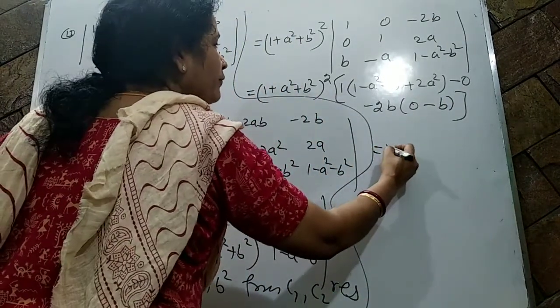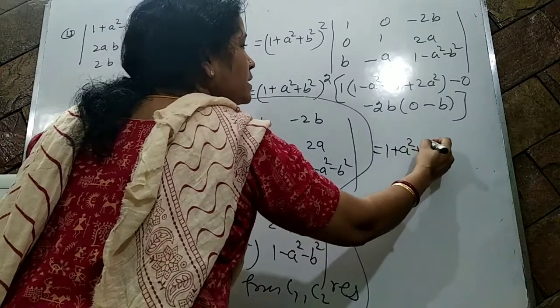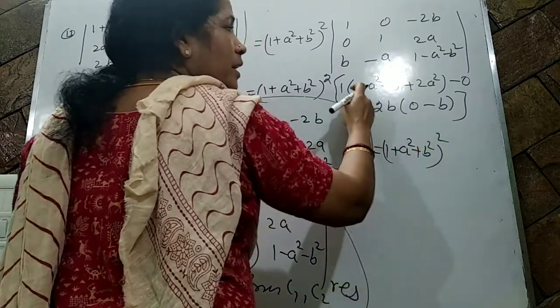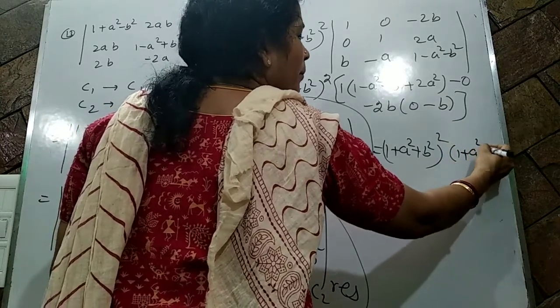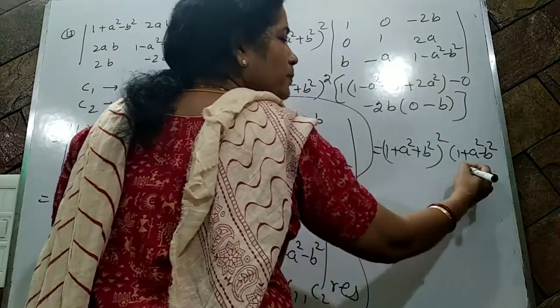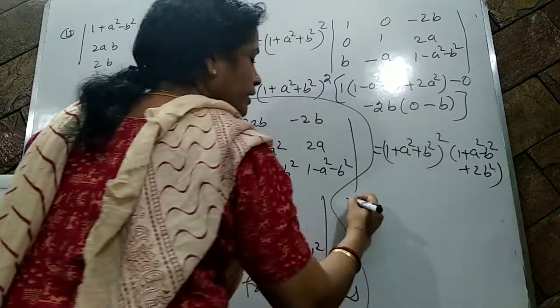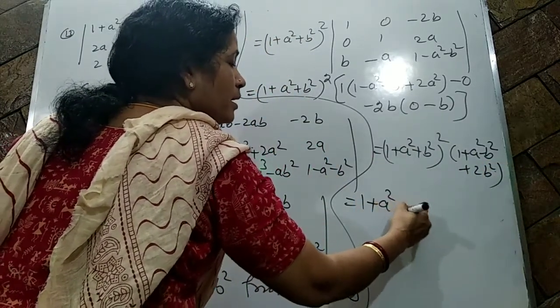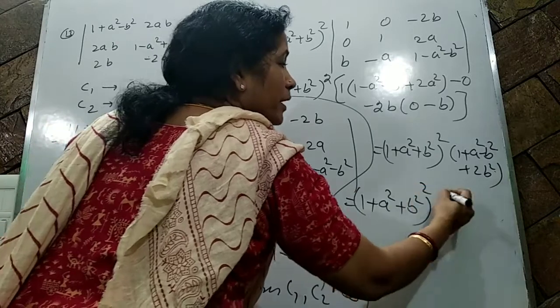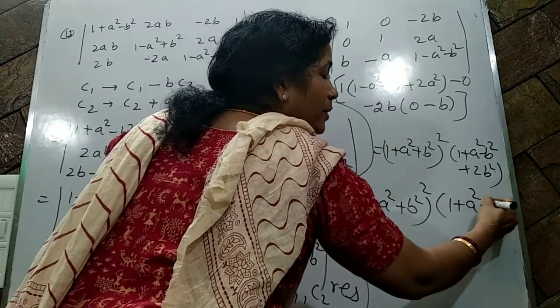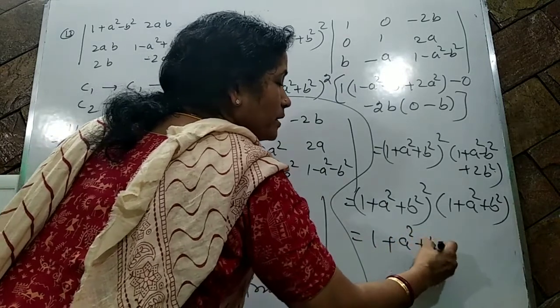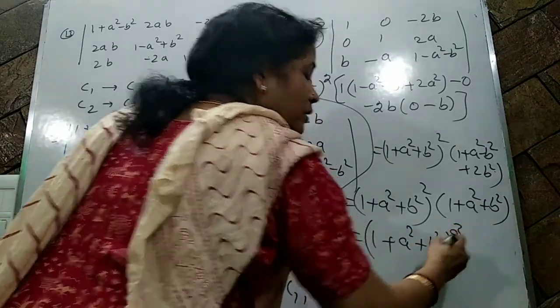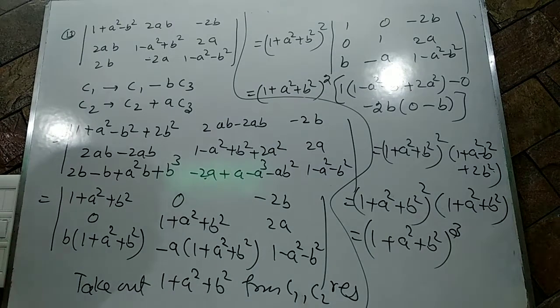Now what we have, beta, finally: 1 plus a square plus b square whole square into 1 minus a square plus 2a square, so 1 plus a square minus b square, plus 2b square. If I simplify, it is 1 plus a square plus b square whole square into 1 plus a square plus b square again, which equals 1 plus a square plus b square whole cube. This is also one of the most important repeated questions.